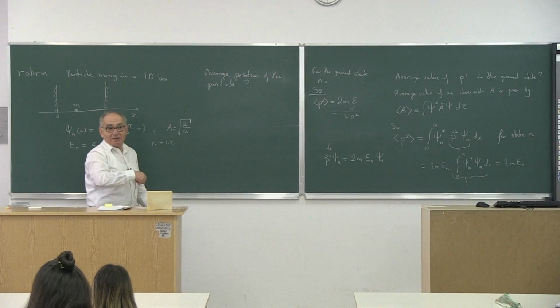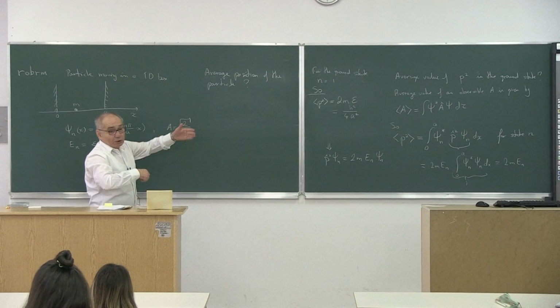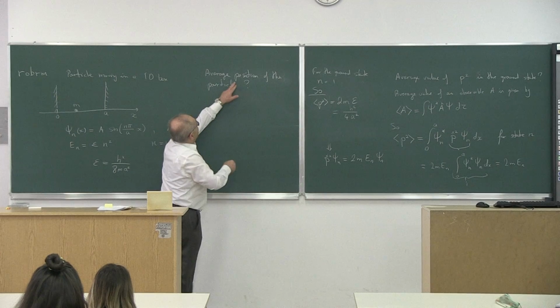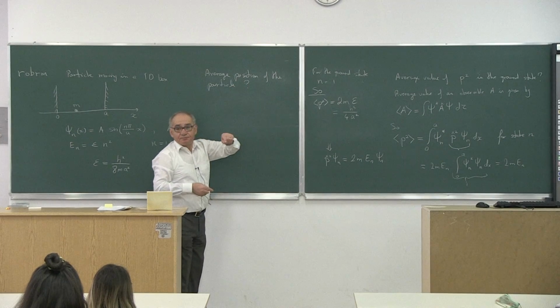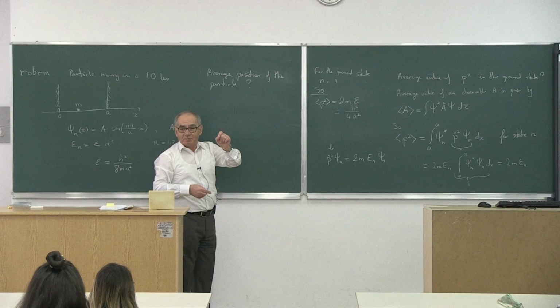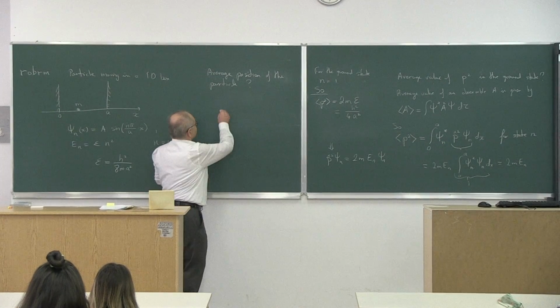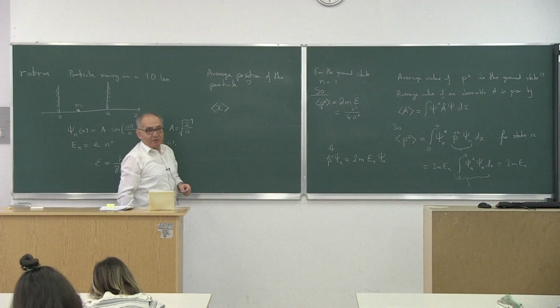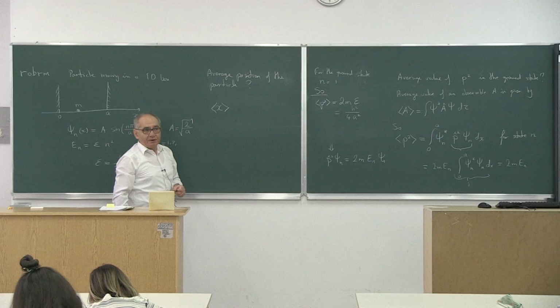How do we calculate it according to quantum mechanics? The position of the particle is, what is the symbol, the variable for the position of the particle? X. This is what we are trying to calculate.